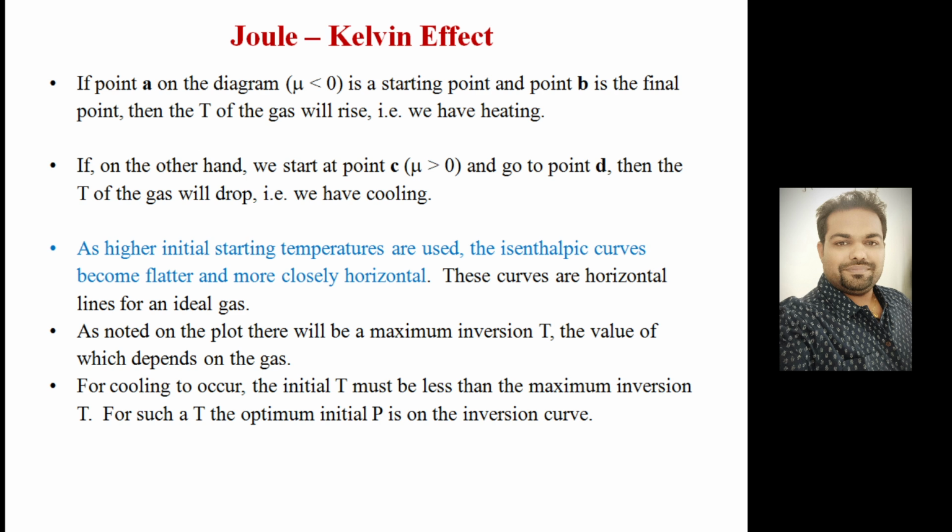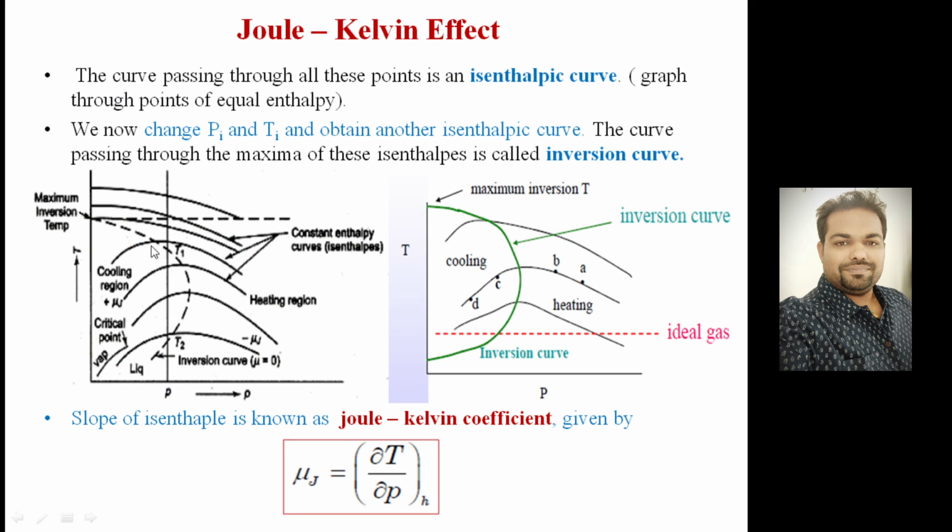Similarly, there is a maximum inversion temperature, whose value depends on the type of gas. For cooling to occur, the initial temperature must be less than the maximum inversion temperature. For such a case, the initial pressure is on the inversion curve. So you can look here: if you want cooling to happen, the maximum inversion temperature you will find here at the top should be lower than this.